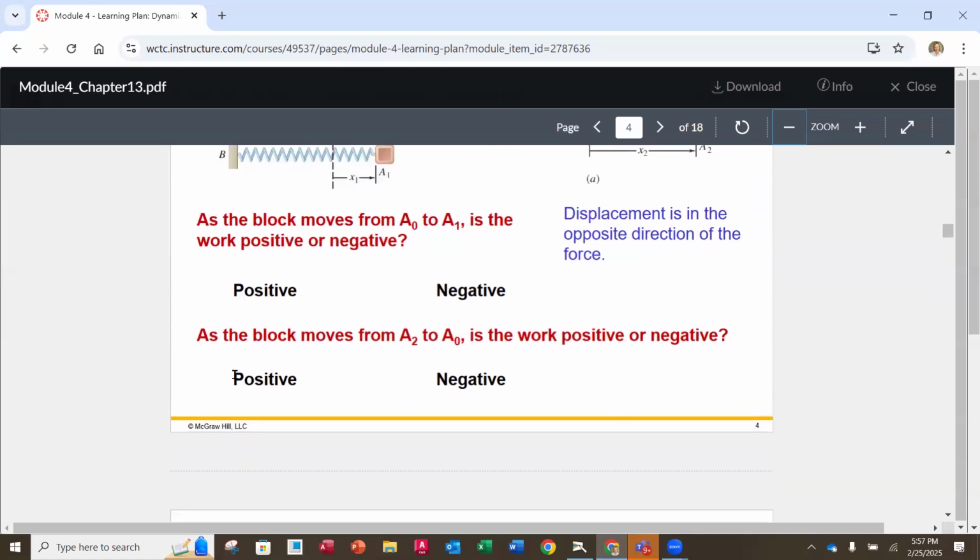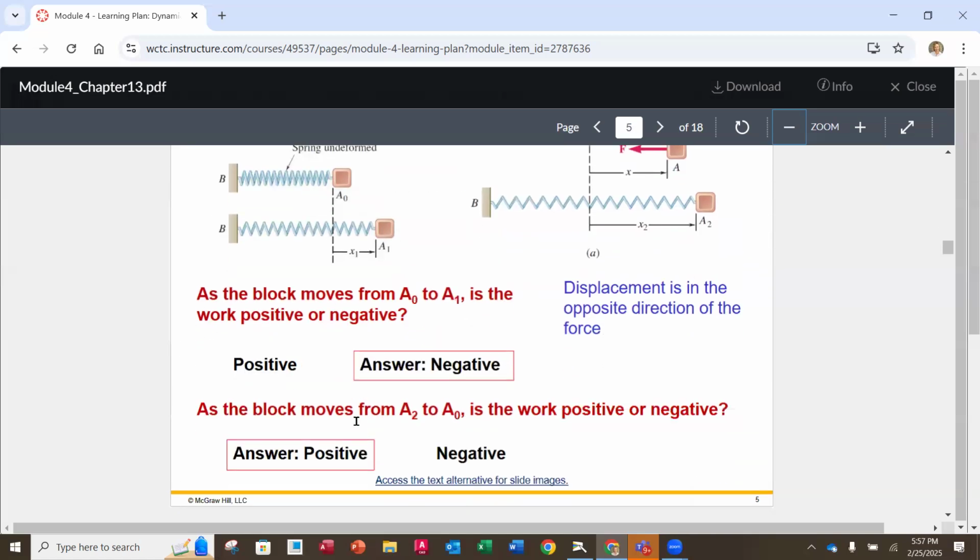So as we had seen, that's going to be positive work. You have to look at the direction of the force in relationship to the distance through which that force went. If they are in the same direction, like we saw in the second case, that's positive work. If they are going in opposite directions, then it would be negative work. Okay.